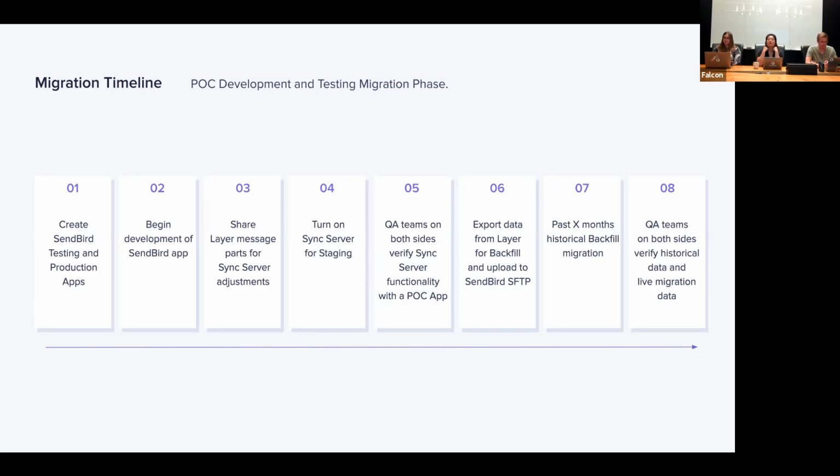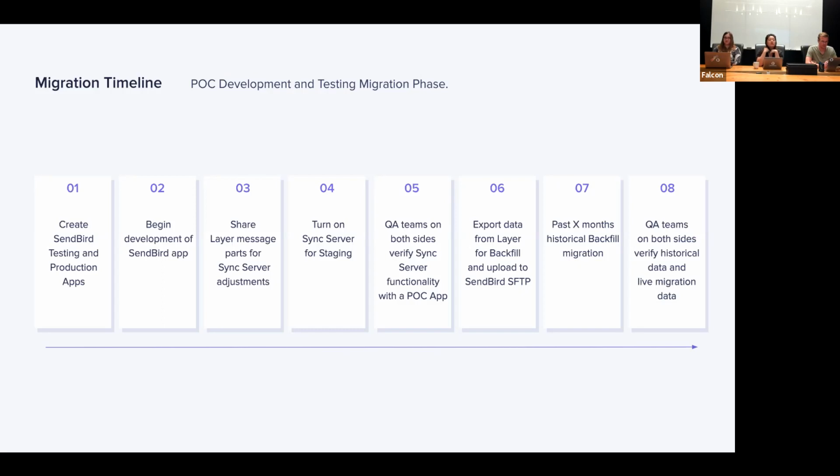What we do at this point is SendBird will take a snapshot of the past X months of historical backfill migration data, and we will upload that to your staging environment. So whether or not you want this to be production data or it can be data from your testing environment, either one is sufficient.